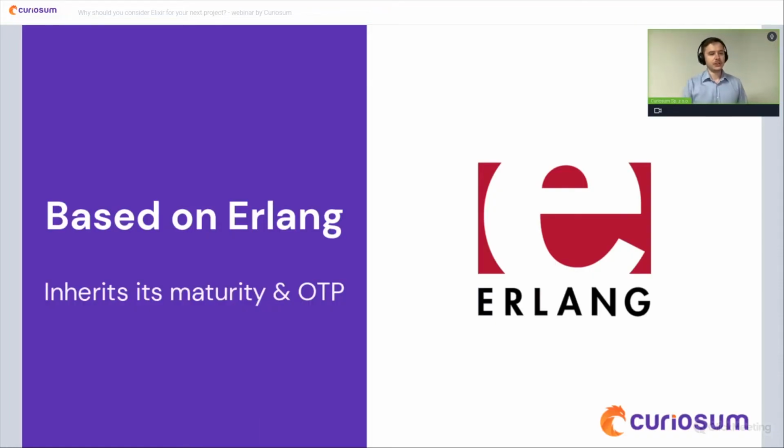And Elixir is not a language written from scratch. Basically what I want to say is that every great feature that it has is inherited from Erlang, because it's based on Erlang. Now, why did José choose to use Erlang for Elixir?